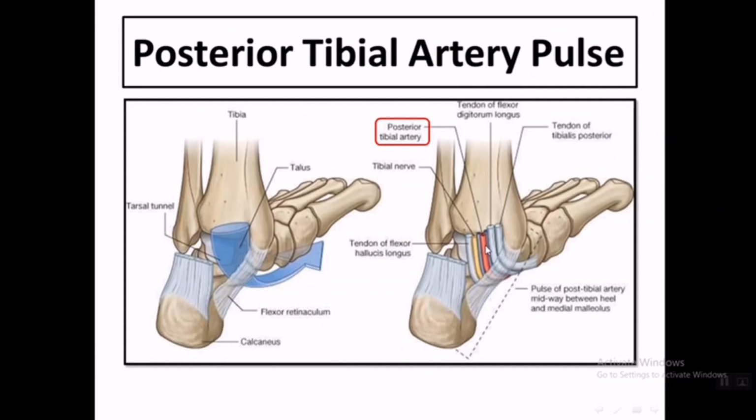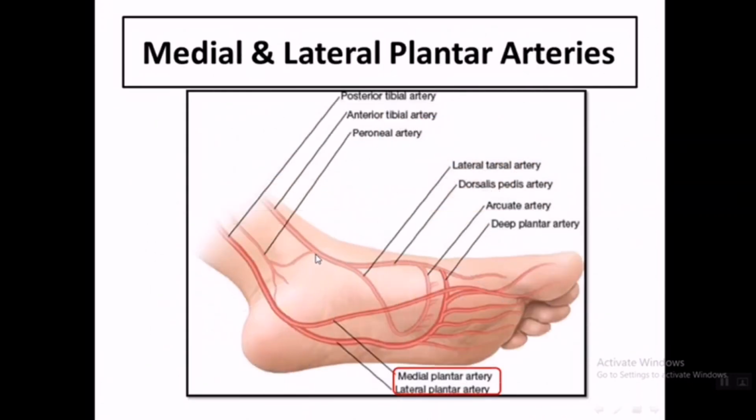Here the artery is medial to the tibial nerve. As it passes below the retinaculum, it will divide into its two terminal branches, the medial plantar artery and the lateral plantar artery.